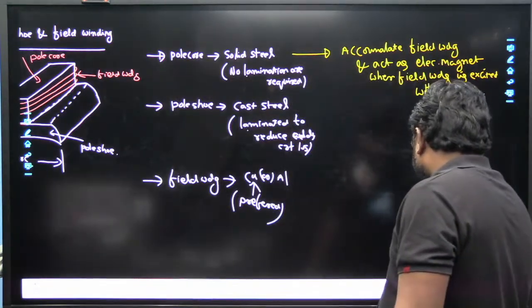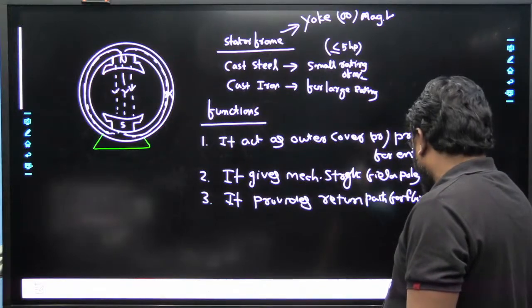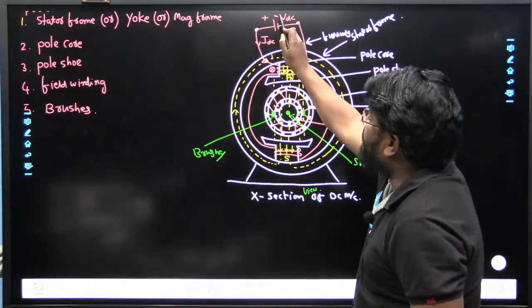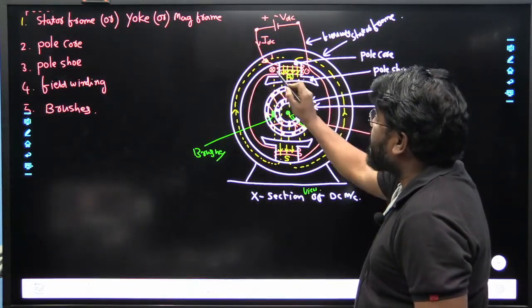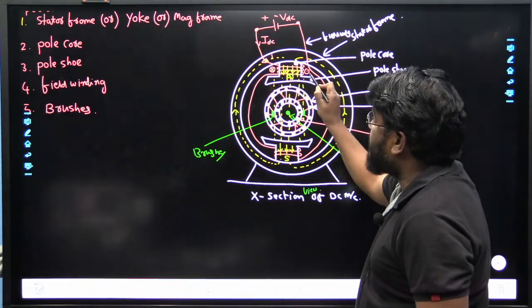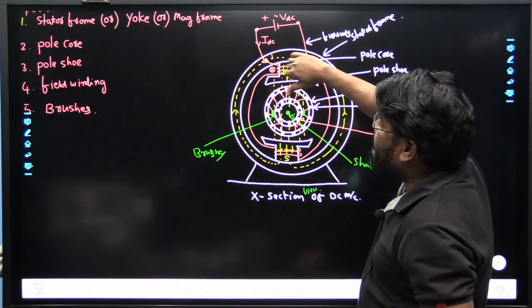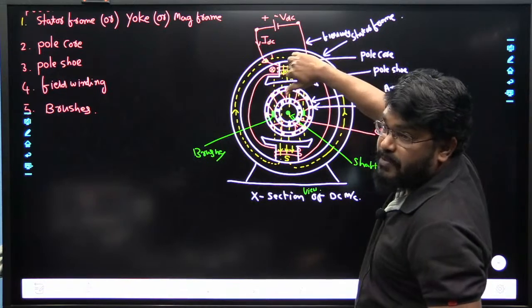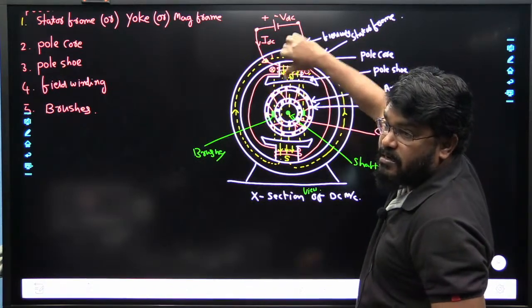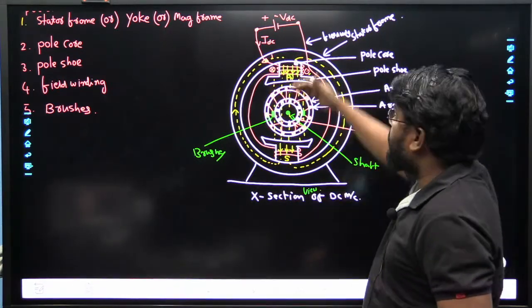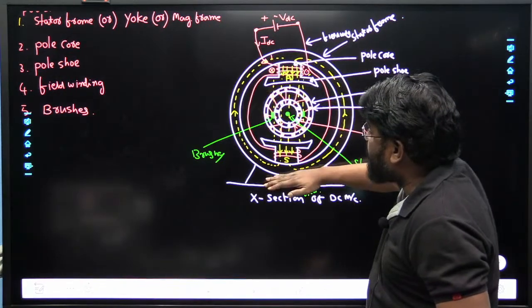As shown in the first figure, when the field winding is excited, this is the current entering position and this is the current leaving position. According to the right hand thumb rule, the fingers indicate the current direction and the thumb indicates the flux direction. So the flux lines pass from one pole to another.